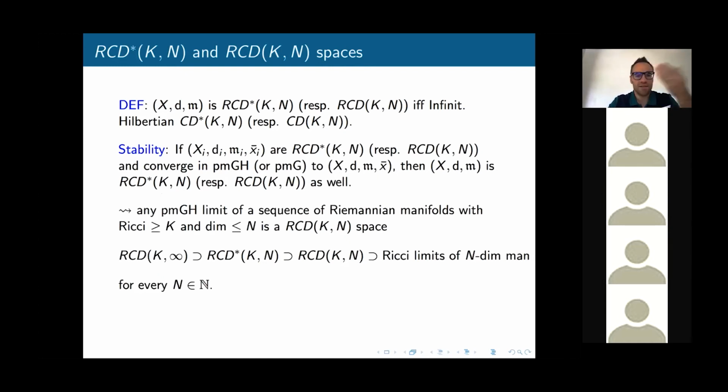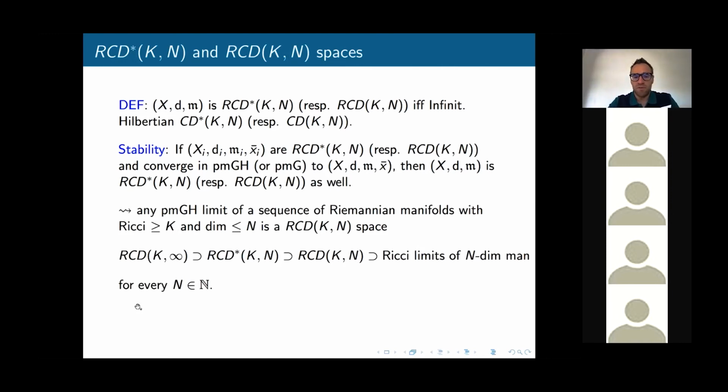Okay? So as a consequence, all the pointed measured Gromov-Hausdorff limits of sequences of Riemannian manifolds with Ricci bounded below by K and dimension bounded above by N is an RCD K,N space, and actually an RCD* K,N space, because it is larger.